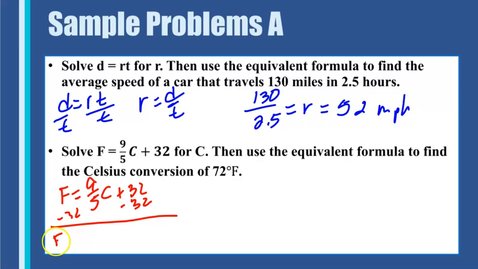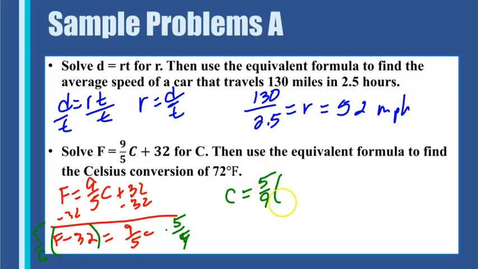That gives us F minus 32 equals 9/5 C. To get C by itself, I'm going to multiply by the reciprocal, 5/9. So now I have C is going to equal 5/9 times parentheses F minus 32.